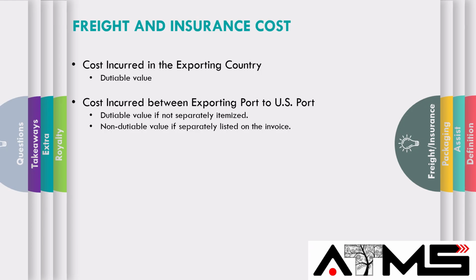The freight and insurance from the port of export to the U.S. port of import are dutiable unless they are separately itemized on the commercial invoice. If they are clearly listed as separate charges, they can be excluded from the dutiable value, offering a legitimate duty saving opportunity. Third, within the U.S.